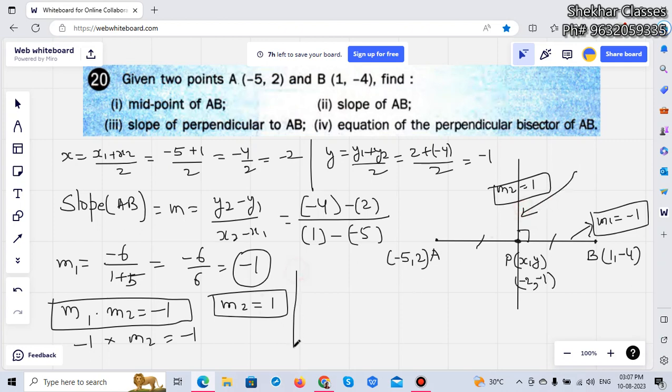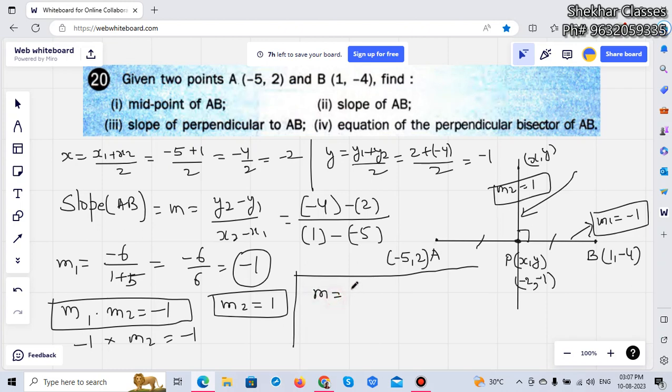So how to find the equation of this line? We already have been given 1 point. What is that? Minus 2 comma minus 1. So take any other point in it, say x and y, or x2 y2, whatever you can take. Say x2 y2. Here we have to take x and y, because we have to get the equation in x and y. The slope of that line is 1.